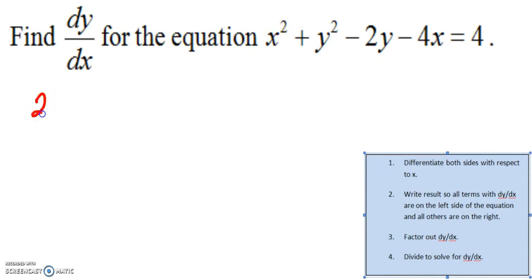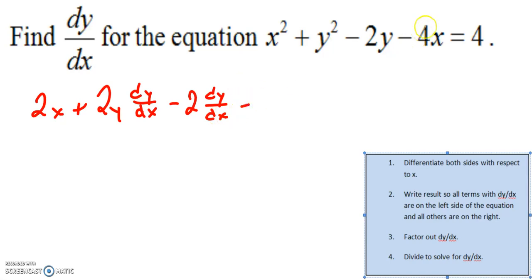So 2x plus, again, now we're essentially just applying the chain rule here. So 2y, and the derivative of y is dy/dx. Minus 2, and the derivative of y, again, is dy/dx. Minus the derivative of 4x, 4, equals the derivative of 4, which is 0.